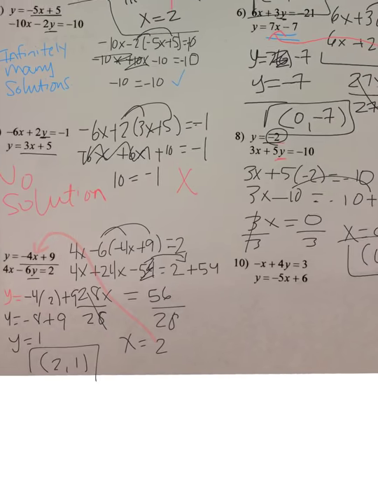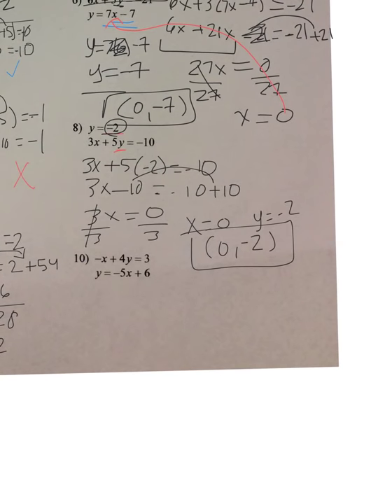One last problem, guys, and we're done. So this one, right there. So there you plug it in that y. Negative x plus 4. Instead of y, you put negative 5x plus 6 equals 3. And then you distribute: negative x minus 20x plus 24 equals 3. Combine like terms.